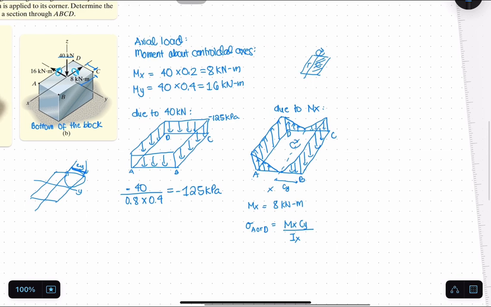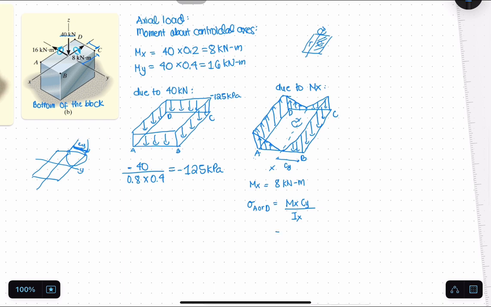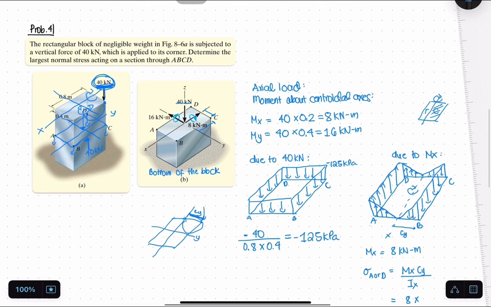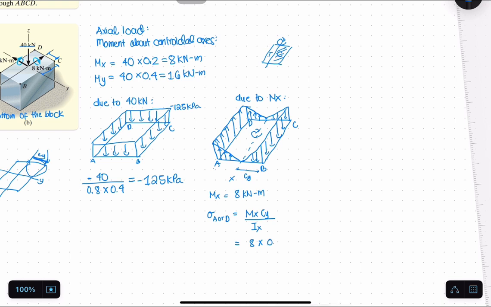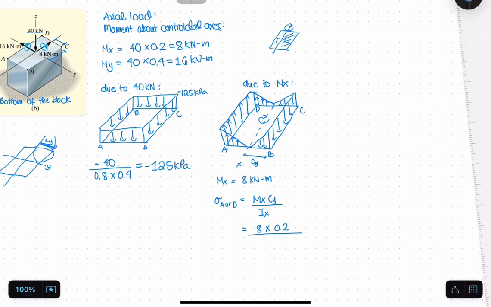Okay. So, we have 40 times 0.2, that is 8 kilonewton, times ang CY natin is half ng 0.4, so that is 0.2. Now, ang ating moment of inertia, di ba 1 over 12 BH cube.